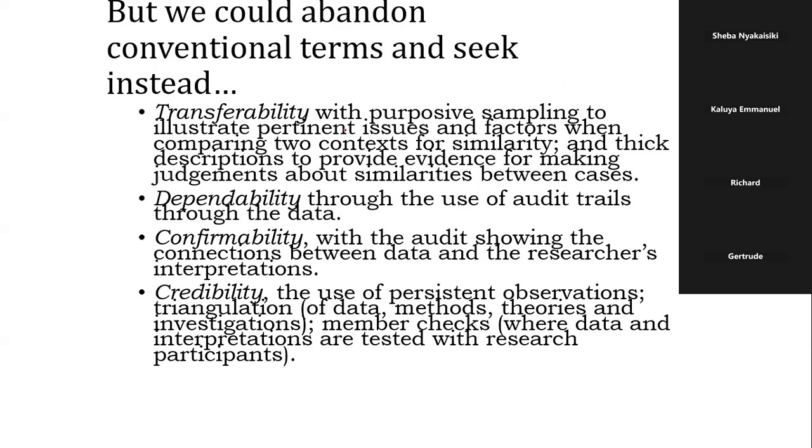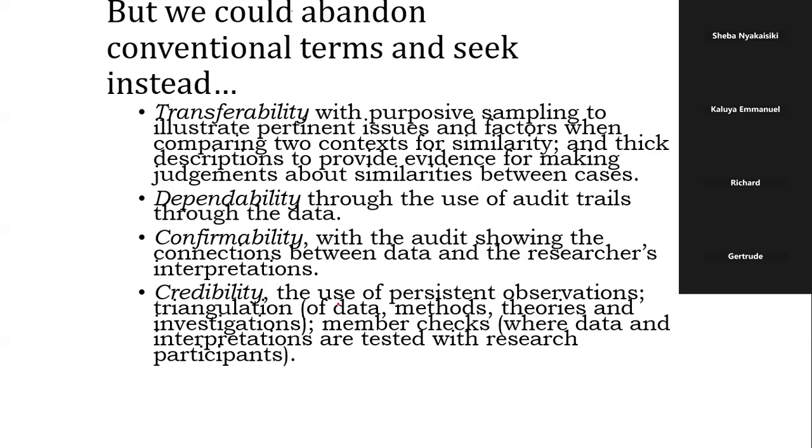The other way is providing transferability with purposive sampling, where I say this is representative of this. Dependability through use of audit trails through data. Confirmability with the audit trail. Credibility in use of persistent observation.